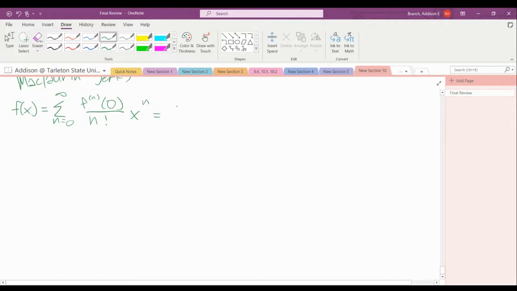If you expanded that out, you would get f of 0 plus f prime of 0 over 1 factorial times x plus f double prime of 0 over 2 factorial times x squared, and so on and so forth.